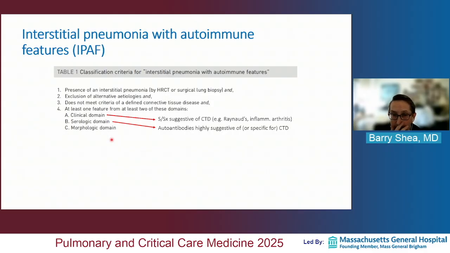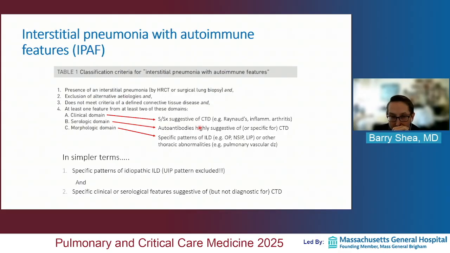A serologic domain, these are autoantibodies that are highly suggestive of, or in some cases specific for, connective tissue disease, and a morphologic domain. So specific patterns of interstitial lung disease, most notably organizing pneumonia, NSIP, LIP, or other intrathoracic abnormalities suggestive of an underlying connective tissue disease, like unexplained pulmonary vascular disease. So patients need to have at least 2 of these 3 criteria.